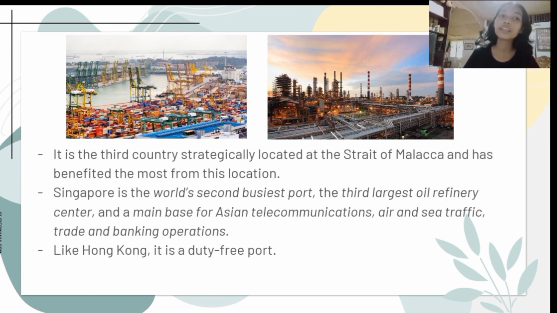And over here is the picture of the Jurong Oil Refinery, and it is also the third largest oil refinery center. Singapore is also a main base for Asian telecommunications, air and sea traffic, trade, and banking operations. All of this is possible because of its location. And like Hong Kong, Singapore is a duty-free port.